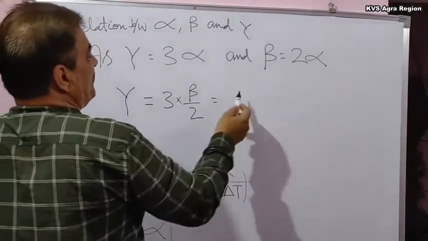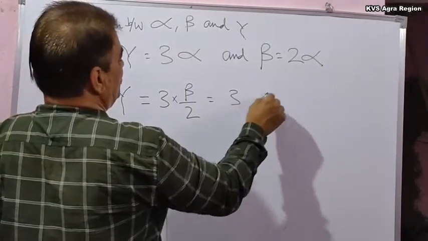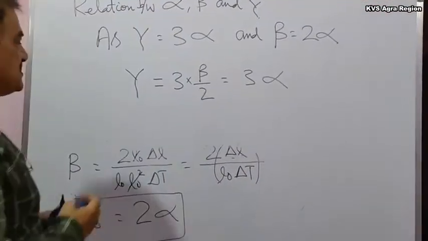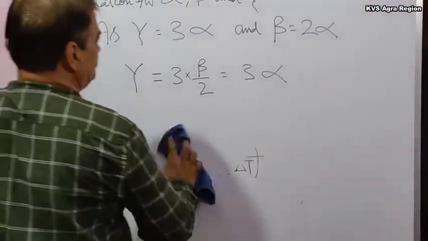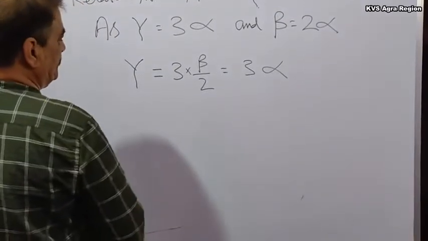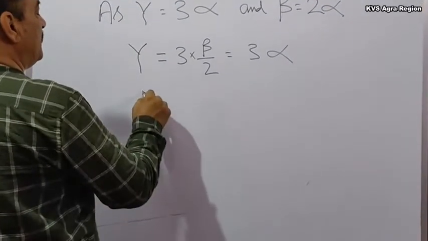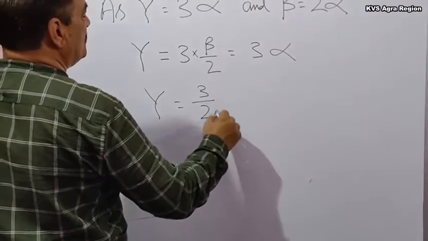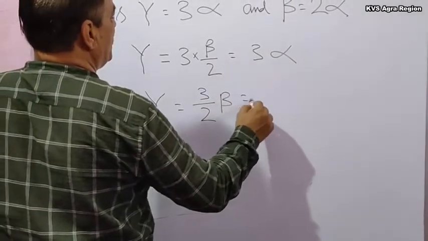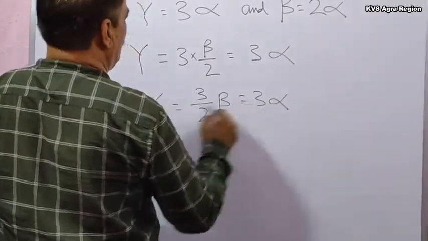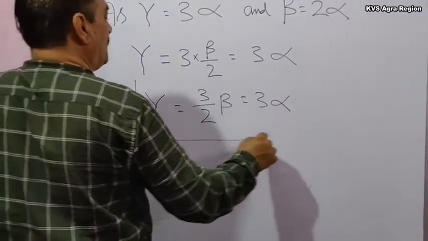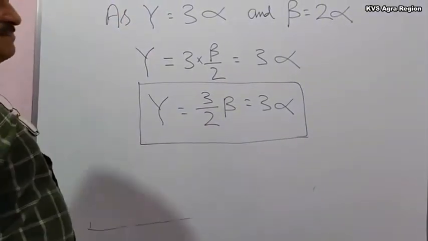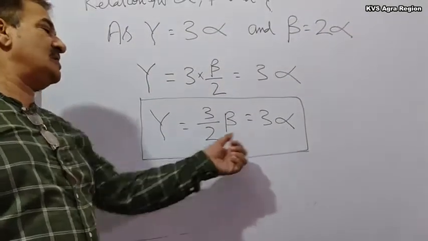So the relation among all these three will be gamma equivalent to 3 by 2 beta, equivalent to 3 alpha. So this is the relation among all these three.